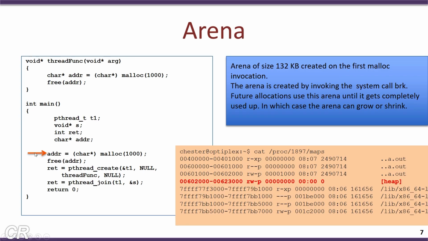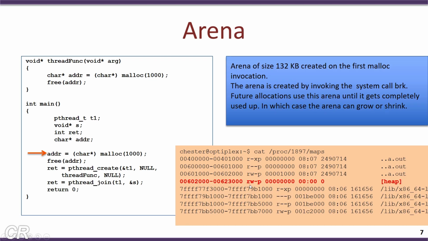Now, at this particular point, when the execution has just completed malloc, what you see over here is that after this malloc, a new segment gets allocated in the program. This segment is the heap. The segment starts at 602,000 and ends at 623,000, and if you subtract these two, you would see that the size of this segment is 132 kilobytes.